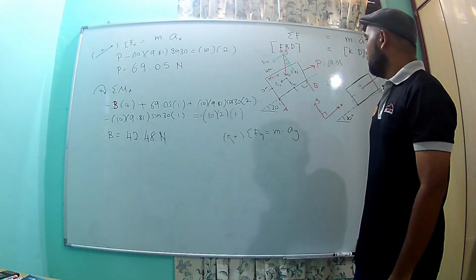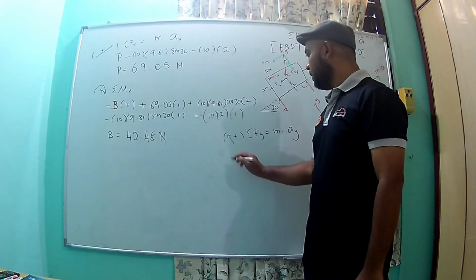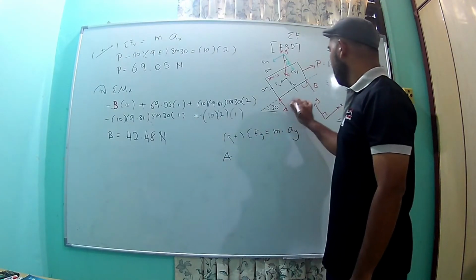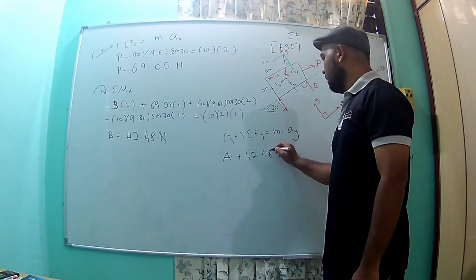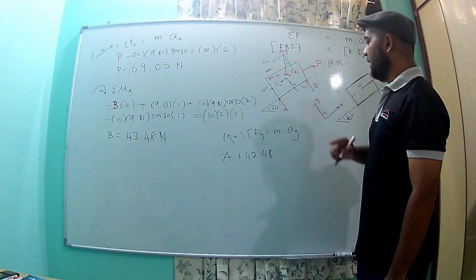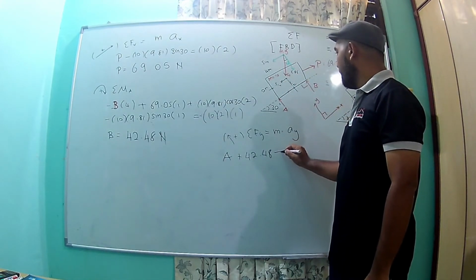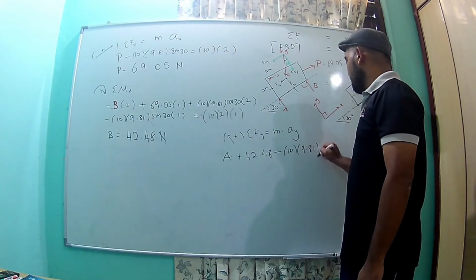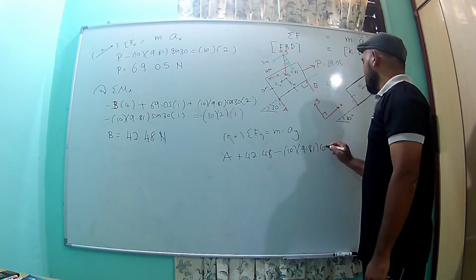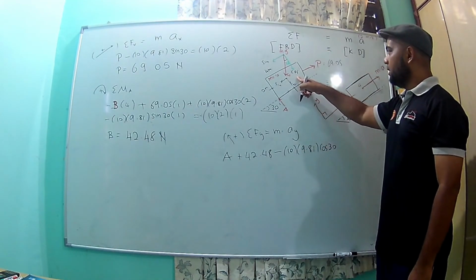So take all the force in Y direction, which is now the first one we have A, we have B, plus 42.48, and then downwards, so minus M is 10, G 9.81, cos 30, so direction downward, mg cos theta.